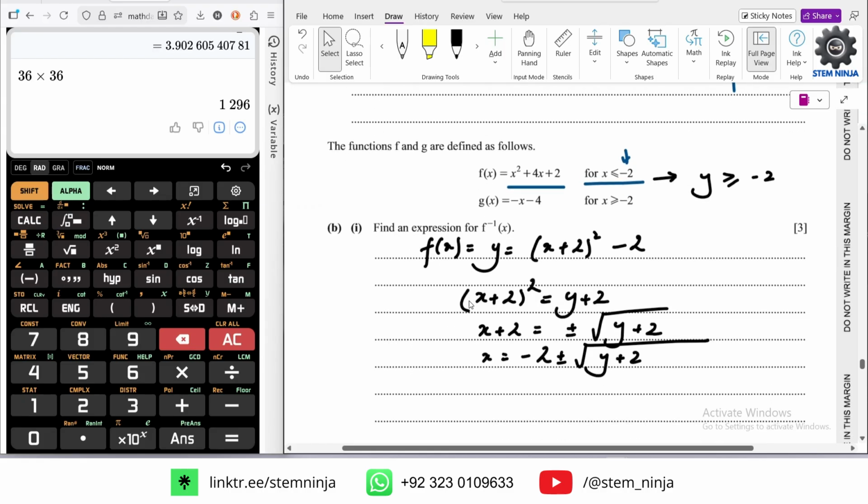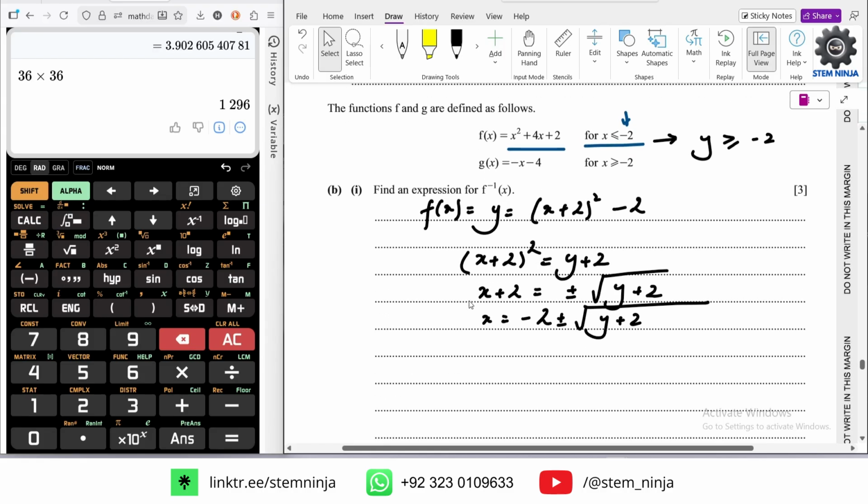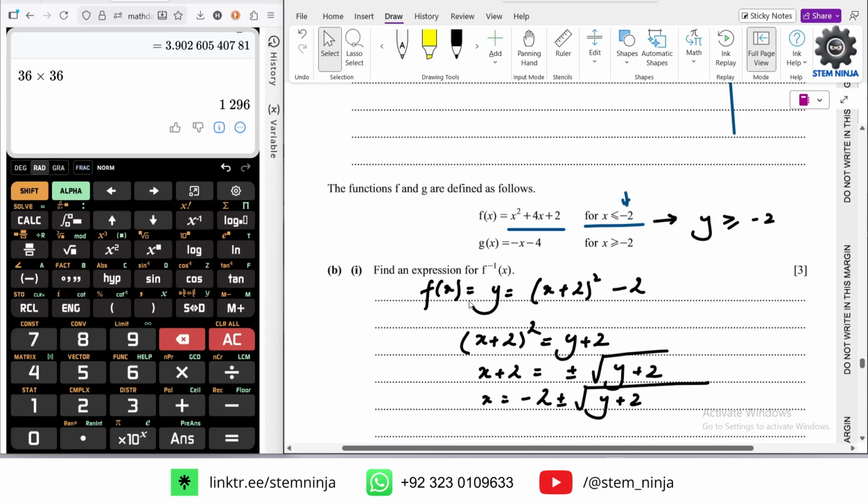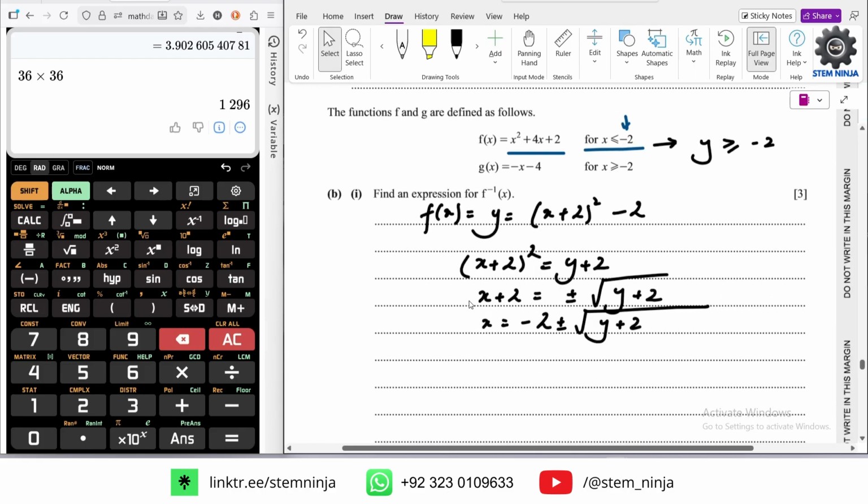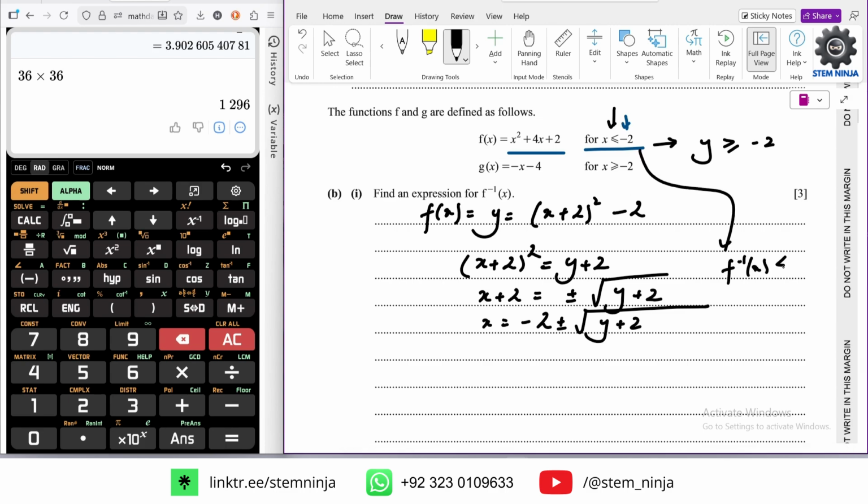So this would mean that the domain of f becomes the range of its inverse. So f inverse of x would be less than minus 2. So basically we need the minus sign. So minus 2 minus square root of y plus 2.